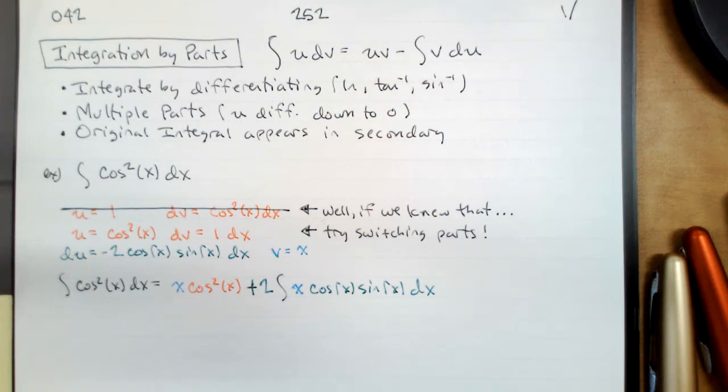But there's another way we could split up these integrals. We don't want to abandon this, but we don't like where this is headed. Does that make sense? It's not that we're saying that this is wrong. We just don't like where this is.